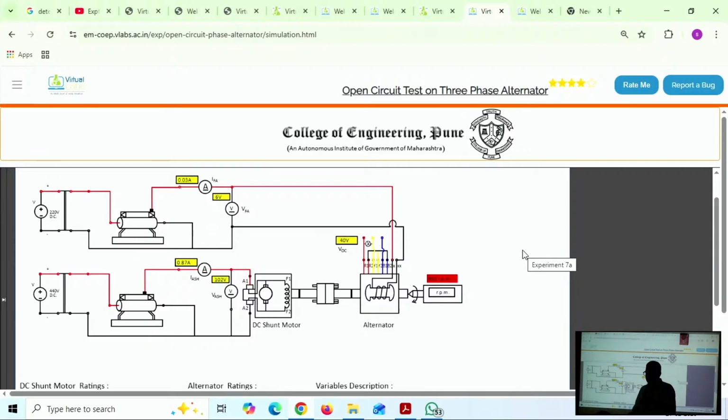We have two methods of speed control for a DC machine. One is flux control and another is armature control. So for speed control we can employ either armature voltage control or field control. What method is employed? What should be employed?